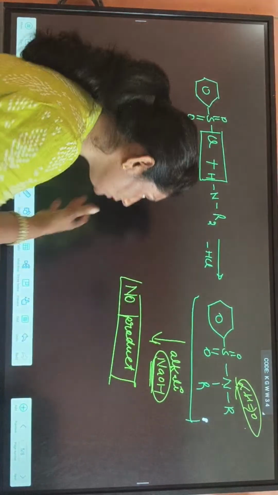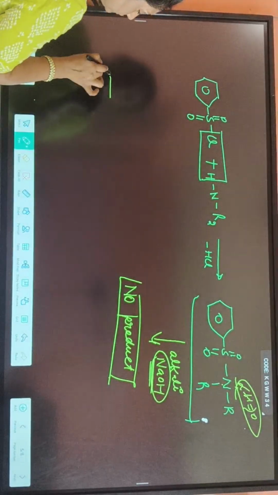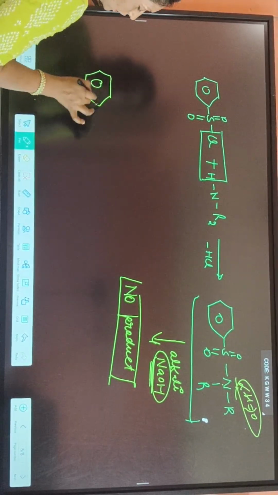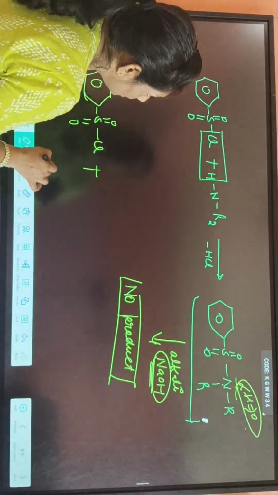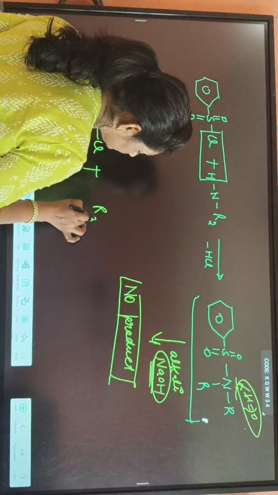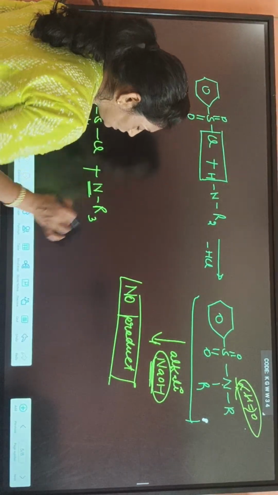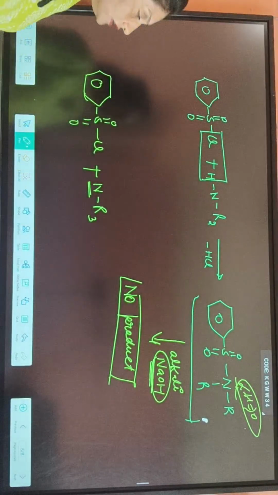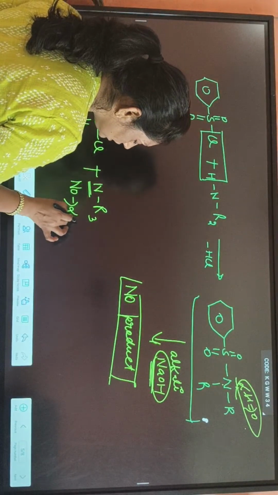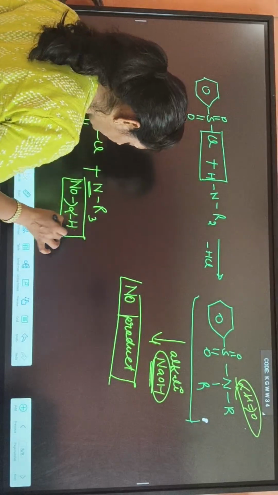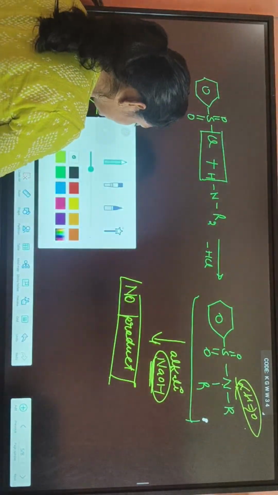Okay, but if you have tertiary amine, then student, it does not have any alpha hydrogen initially either.